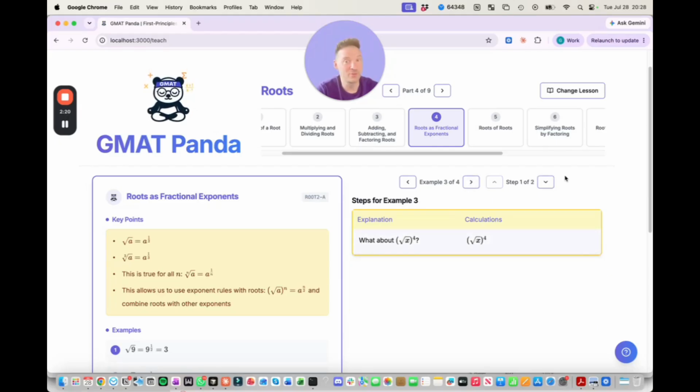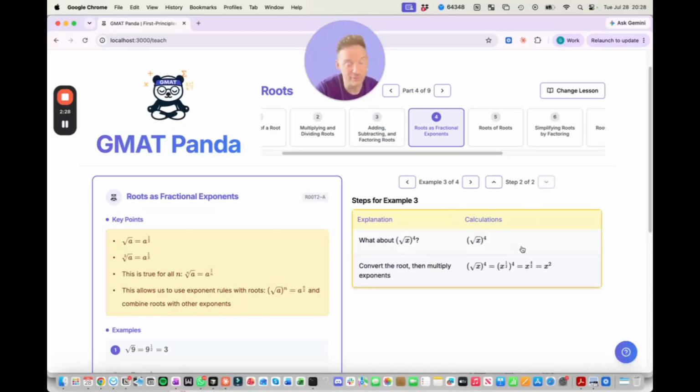Now, let's say that we've got square root of x and we want to raise that to the power 4. Well, we can write the square root of x inside the parenthesis as x to the power of a half. And then we've got an exponent of an exponent, and therefore we combine those two together by multiplying them.